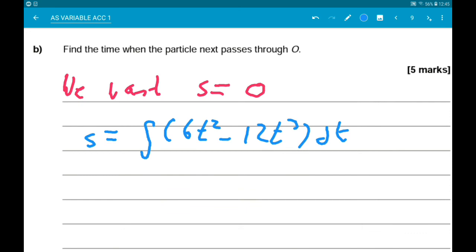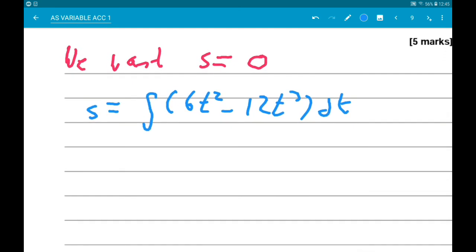So that is going to give us 2t cubed minus 3t to the 4 plus c.